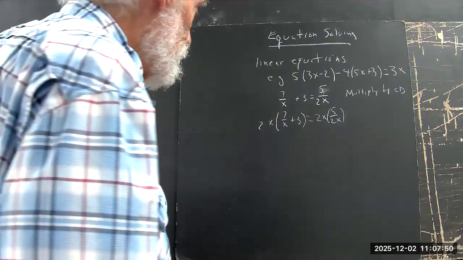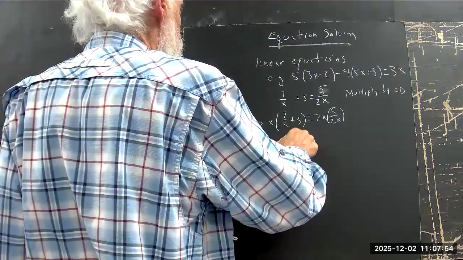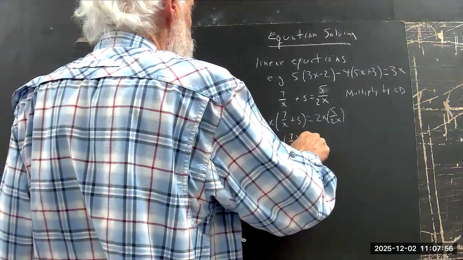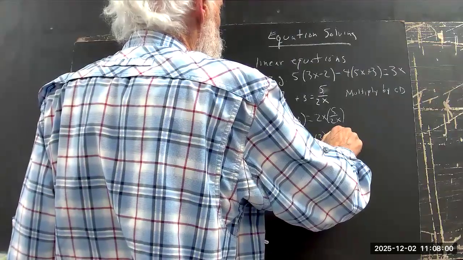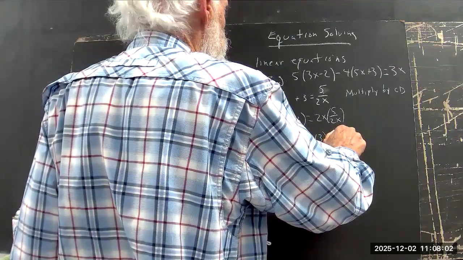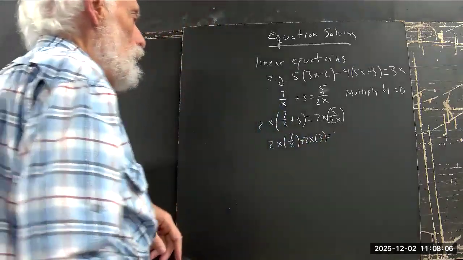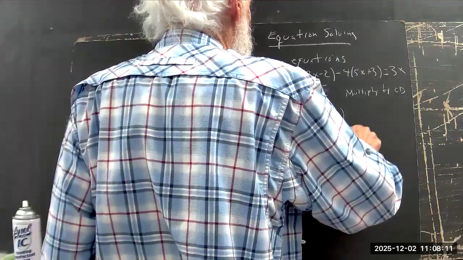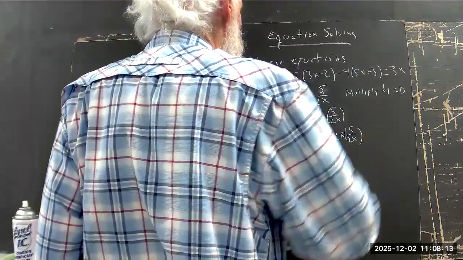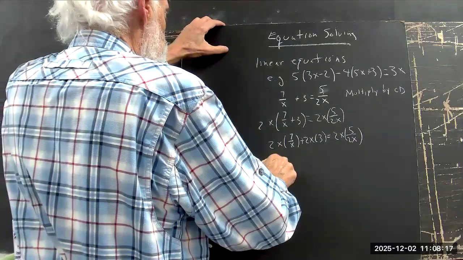Okay. So that gives you 2x times 7 over x plus 2x times 3 equals 2x times 5 over 2x. I'm just going to go ahead and write it out, to be sure we know what we're doing here.